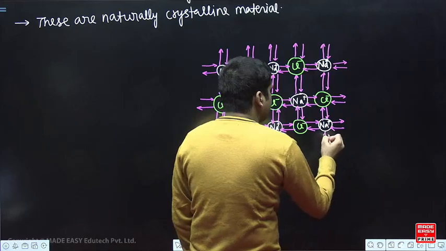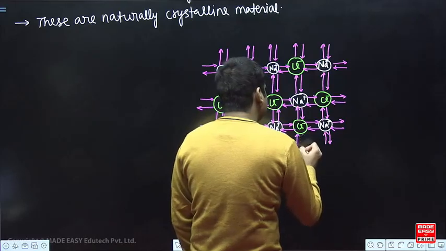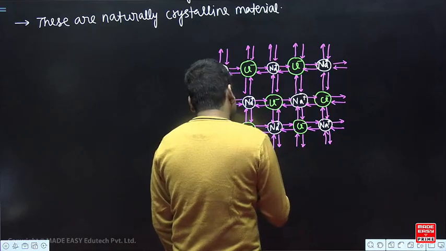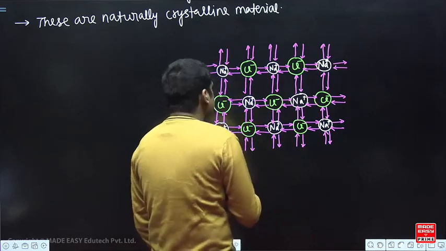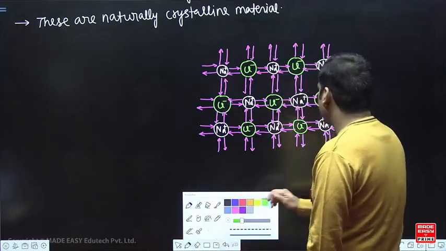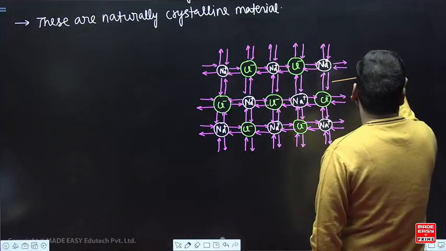This kind of three-dimensional network you may get from these cations and anions. These are the bonds. These are basically ionic bonds. Anywhere you see, these are ionic bonds.